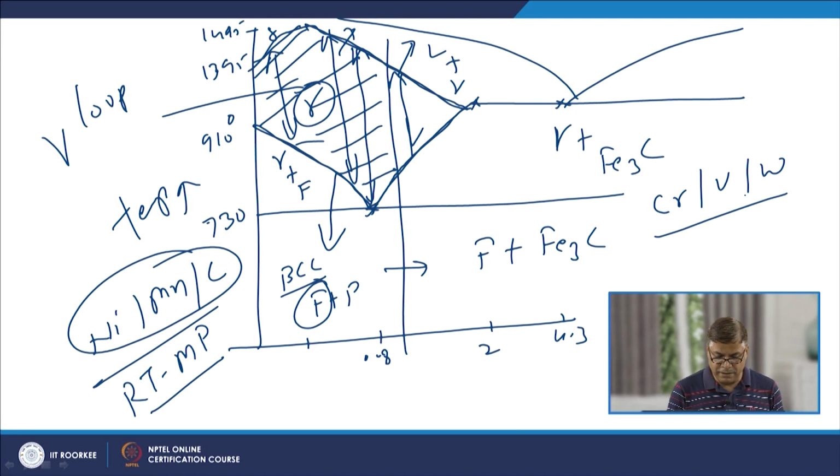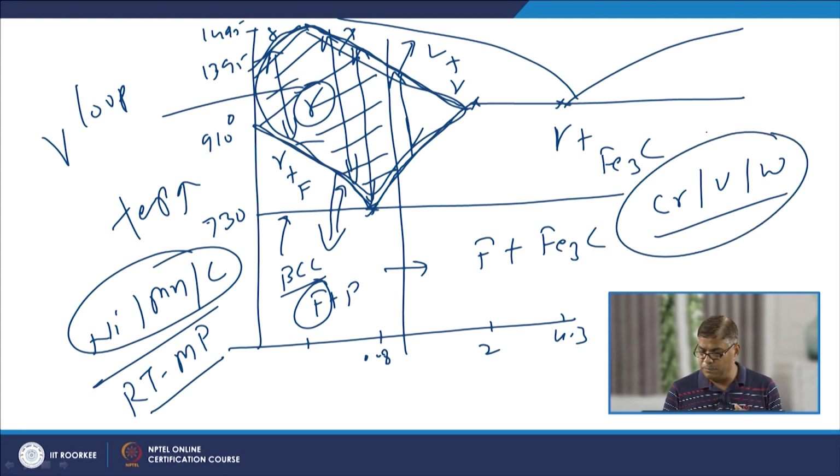Their addition will contract the size of this gamma loop, and it may even eliminate it. So, when the chromium content and likewise other ferrite stabilizers content is significantly high, this gamma loop may be eliminated, and in that case we may have the ferrite phase from room temperature to the melting point. So, there will not be any other phase formation.